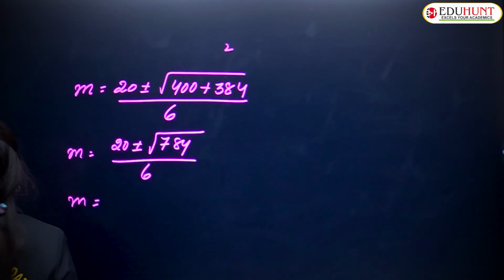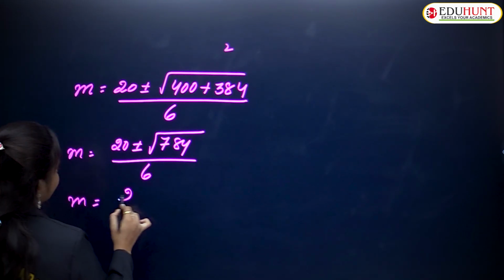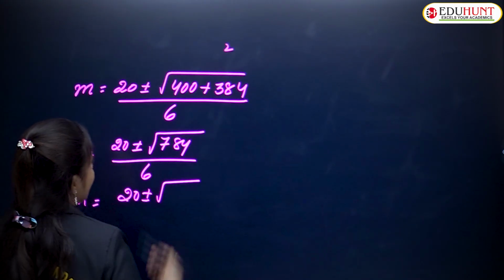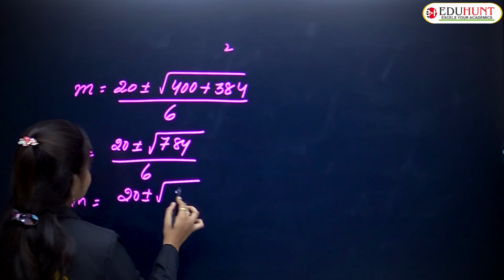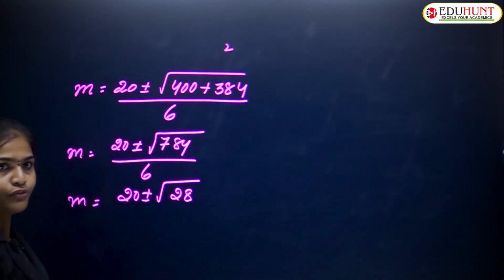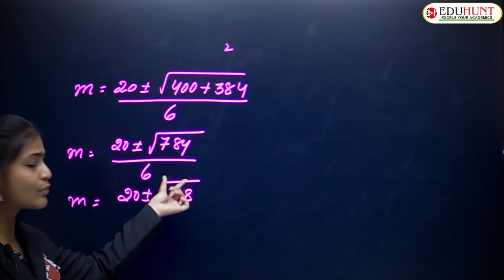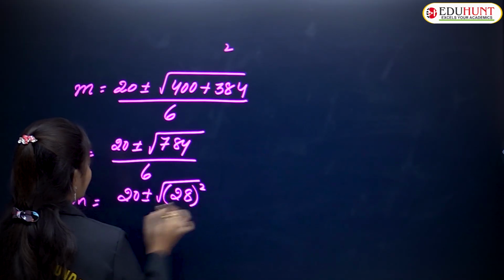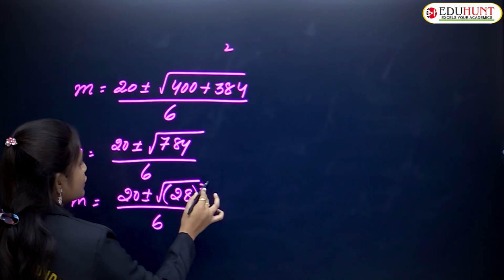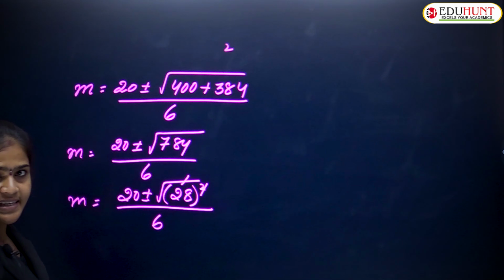So m is equal to 20 plus or minus square root of 784. 784 is a perfect square, right? So its square root is 28. So the square root and square get cancelled.